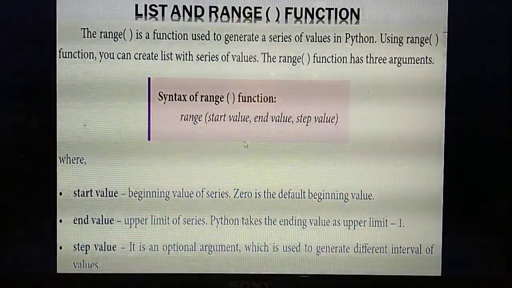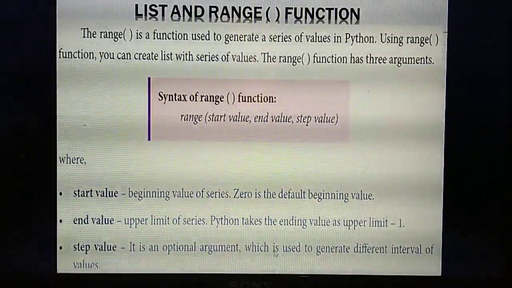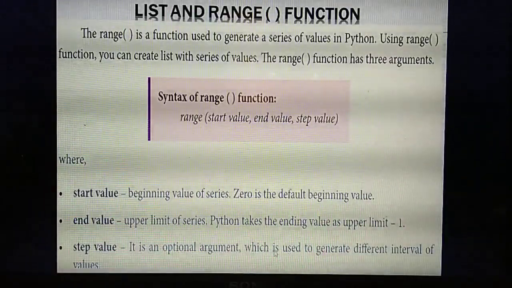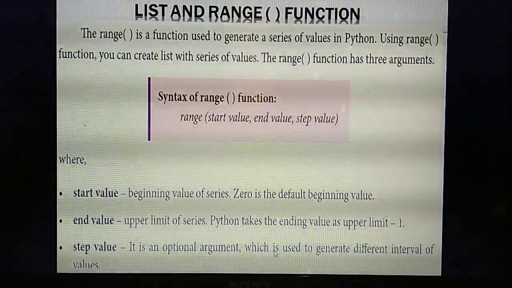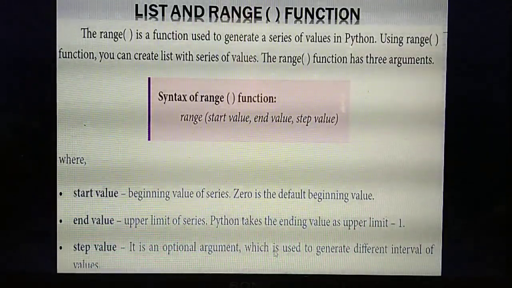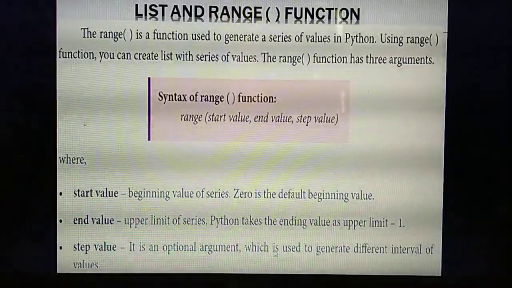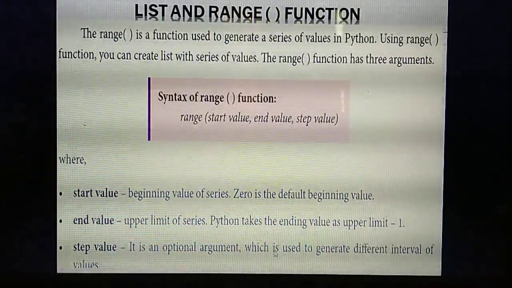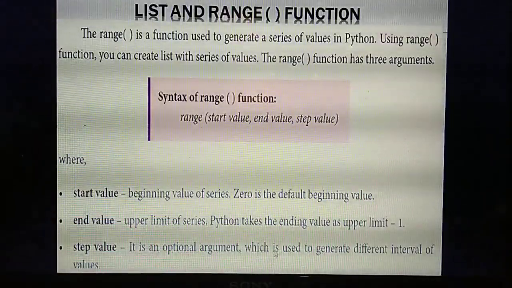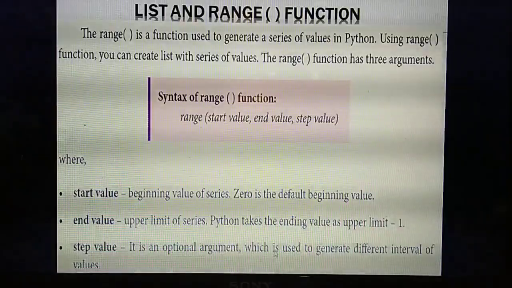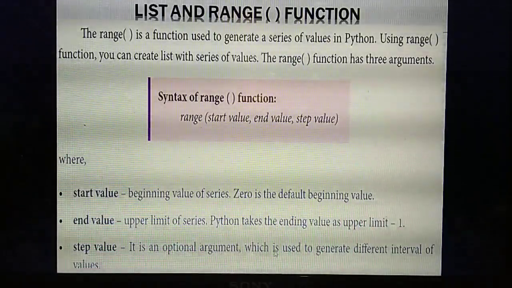Understand? Yes. The next thing is the end value. The end value means the last value, the ending value, that means the upper limit, the highest value. For example, a list contains 5 elements. With 5 elements, the last index value is always n minus 1. That means with 5 elements the last index is 4, 0 to 4. That's the end value, the highest value.